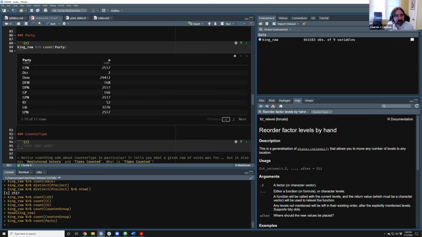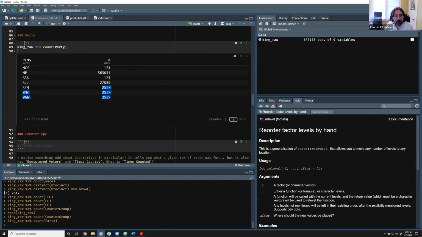You have values, some of them very common, like Dem here has a lot of observations. But then you have things like, well, what's Dem versus DPN versus Lib, LPN? If I scroll down here, NP, 565,000 of them, Rep 27,000.